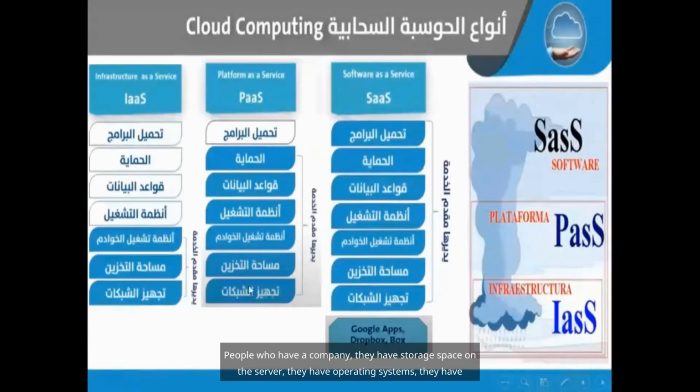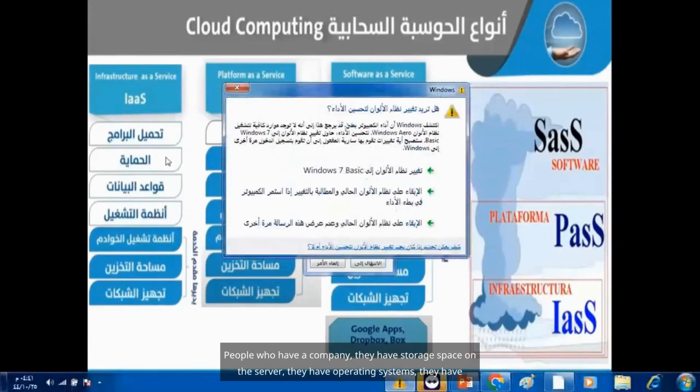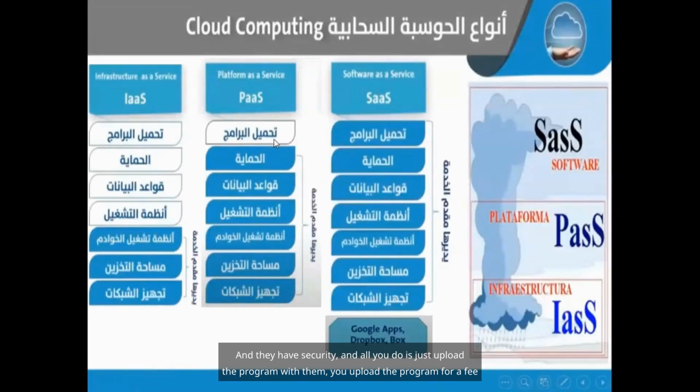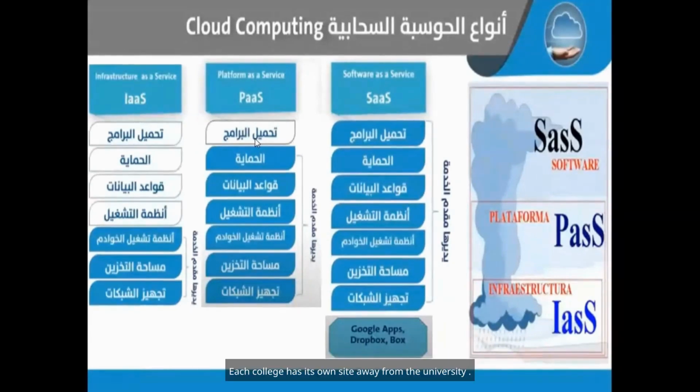People who have a company, they have storage space on the server, they have operating systems, they have everything, and they have security, right? And all you do is just upload the program with them. You upload the program for a fee. When we first came here to the university, each college has its own site away from the university.